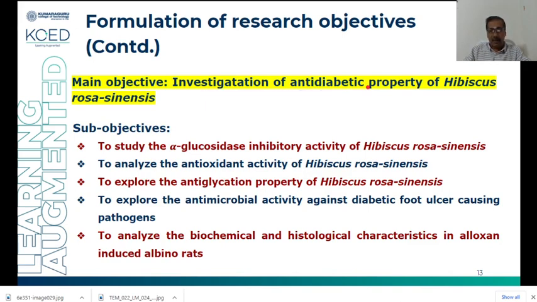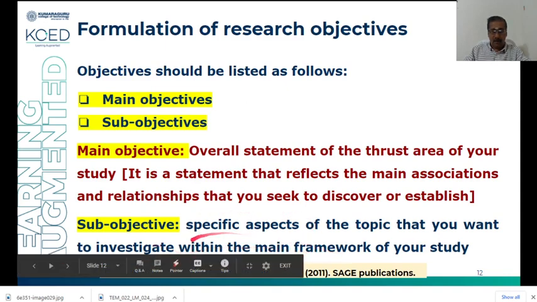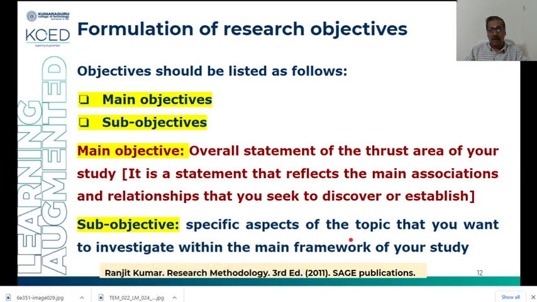If this is the main objective, an overall study for another 3 months or 6 months or 1 year, this could be my aim and scope, a single objective: investigation of anti-diabetic property. Based upon this, you create sub objectives. Sub objectives should relate with your main objective. It is nothing but fragmentation of your main objective.